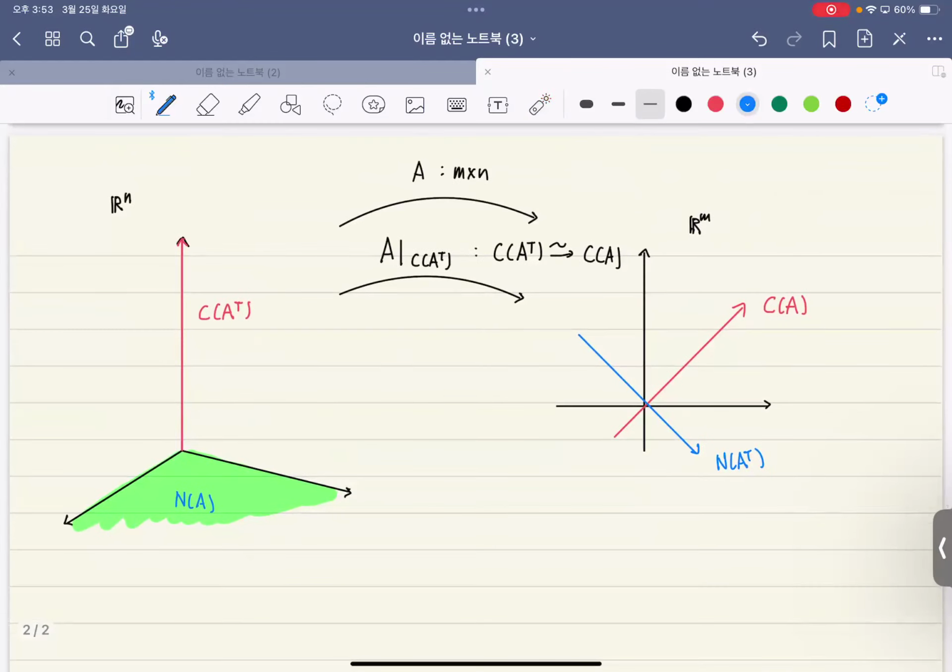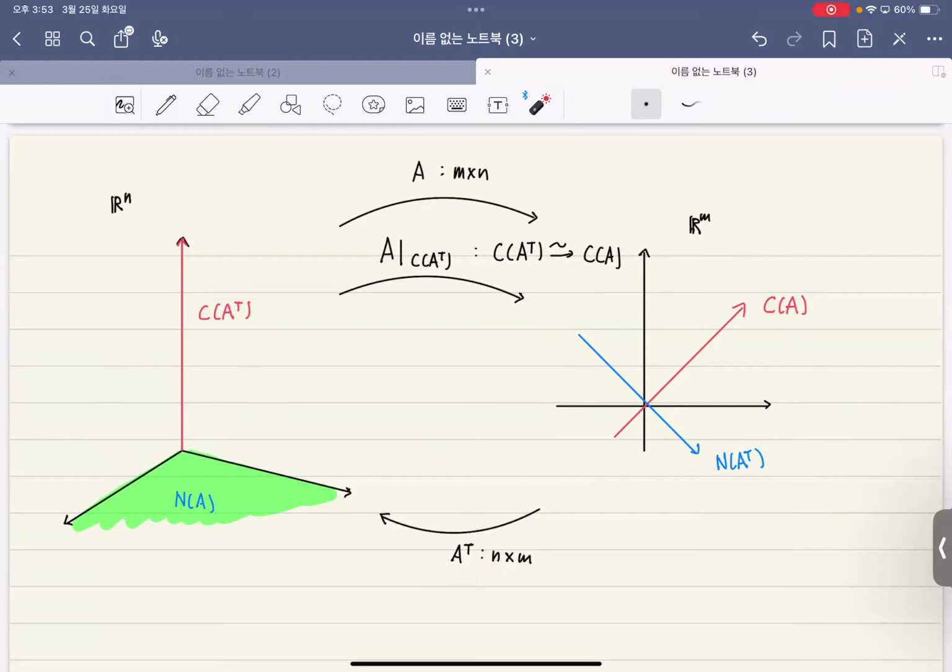By the way, what happens if you take the transpose? If you take the transpose of your original matrix, then it is an n by m matrix. So now this space is being linearly transformed into that space.